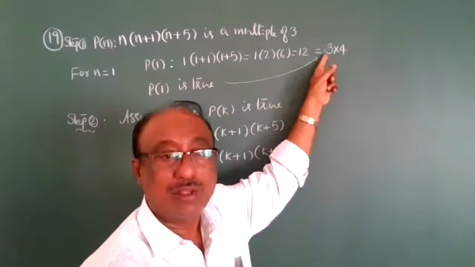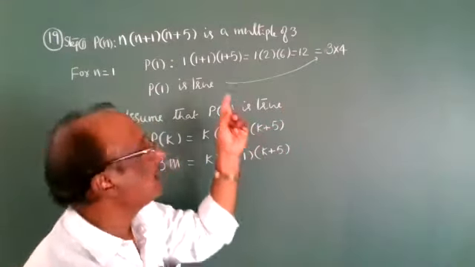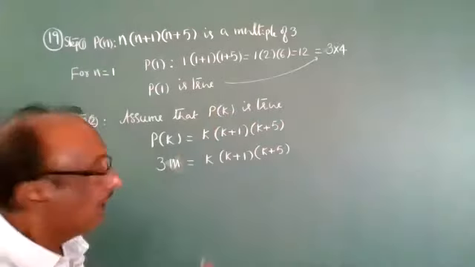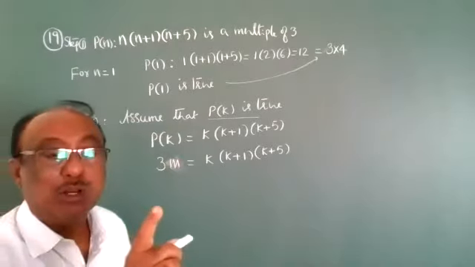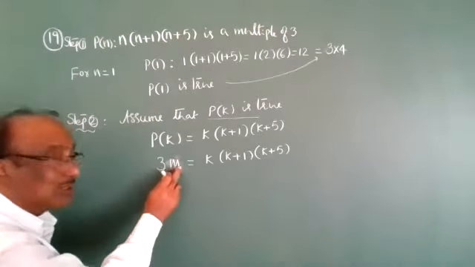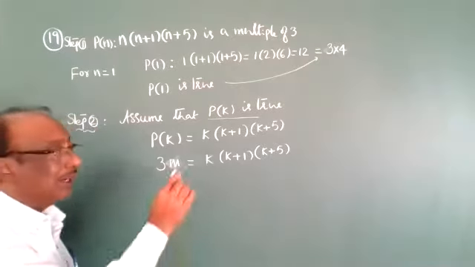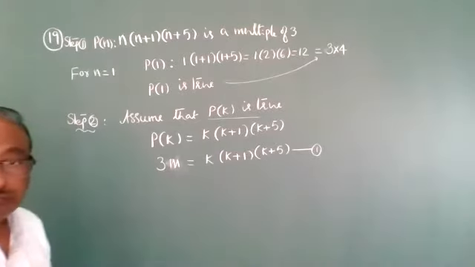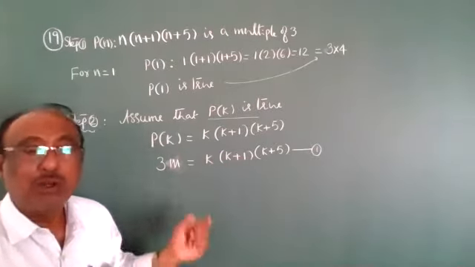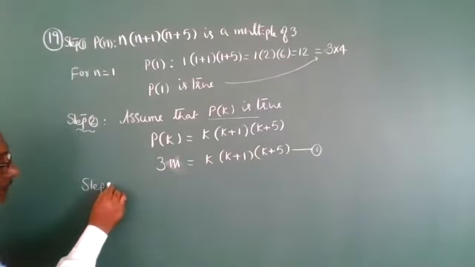In the same way, P of k is true means P of k is compulsorily a multiple of 3 into some number, let it be m. Now let this be equation number 1. What is necessary to take in equation number 3? Right, step 3. Everyone come to step 3.